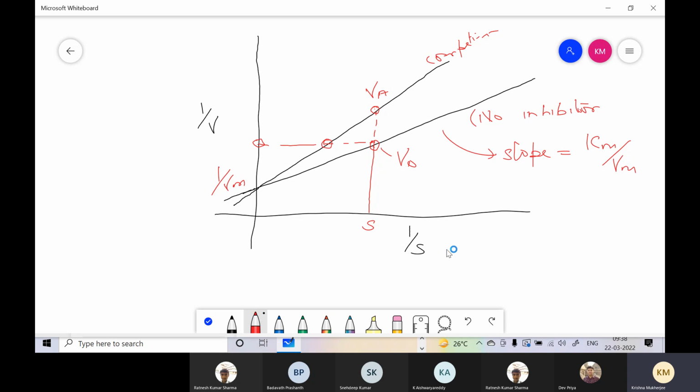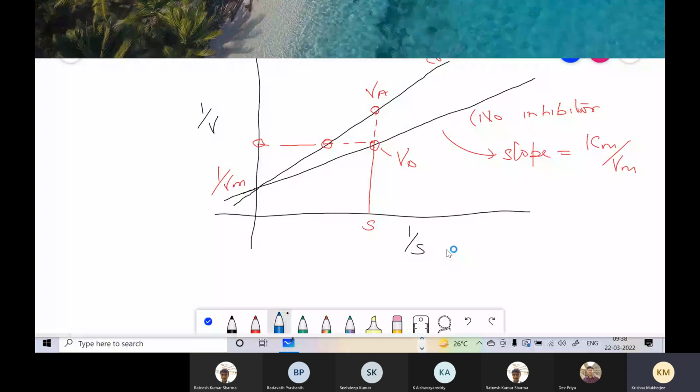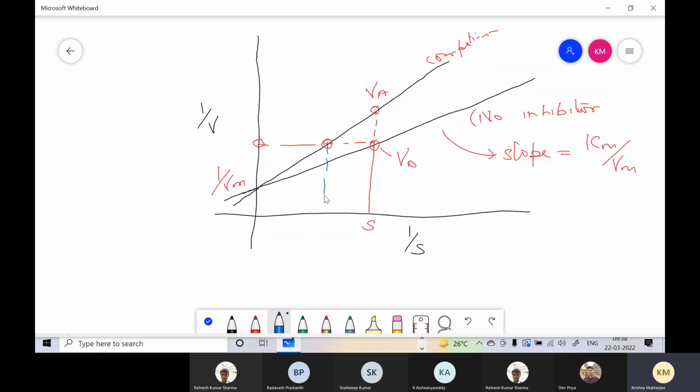It is just a matter of graphs, and this is something which has been taught to you. Notice that V is the same at 2S naught by definition. That is why it is equal, so V is equal to V naught.